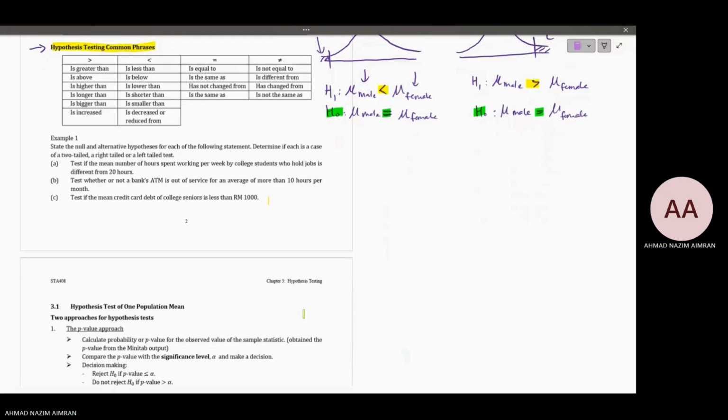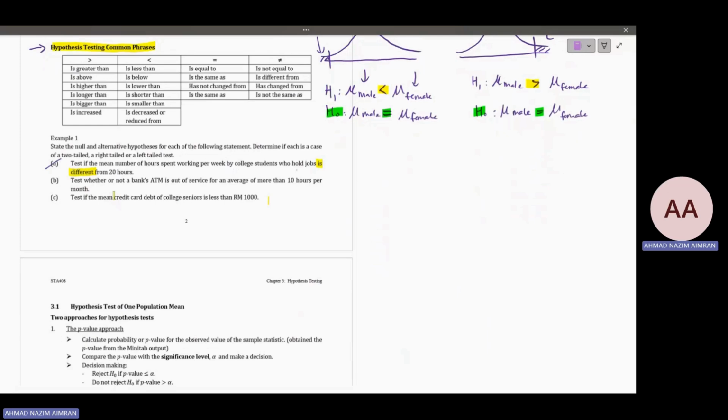Now, the first question, A, in example one: test if the mean number of hours spent working per week by college students who hold jobs is different from 20 hours.